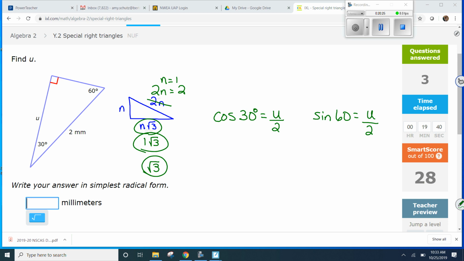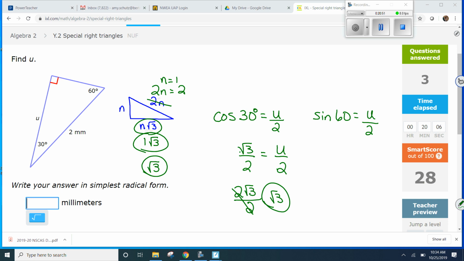So if you do the cosine of 30 degrees, that has a value of radical 3 over 2, because you're referring to that palm, that 2 that's in the palm of your hand, is equal to u over 2. So if you cross multiply, 2 times radical 3 divided by 2, the 2's cancel and you get radical 3. If you choose to use the sine of 60, hold in your pointer finger, because that's 60 degrees.